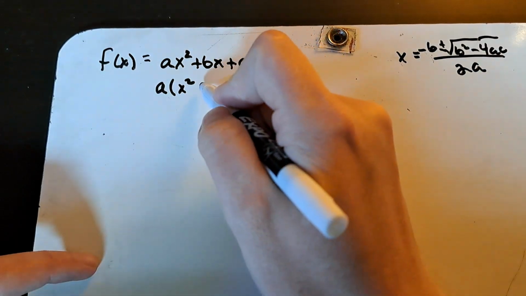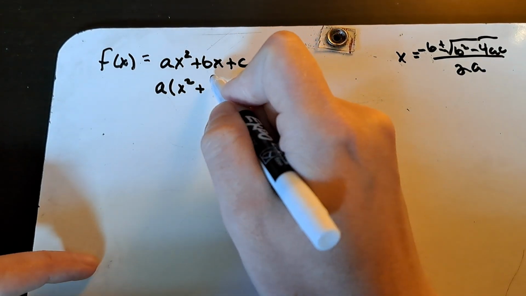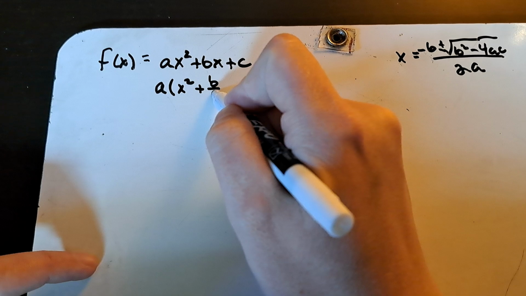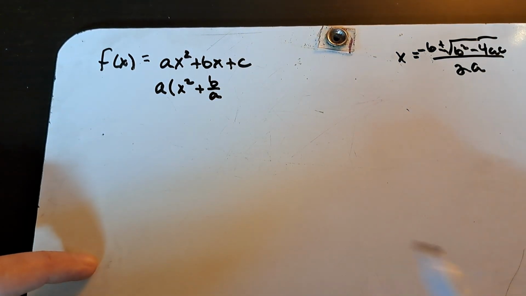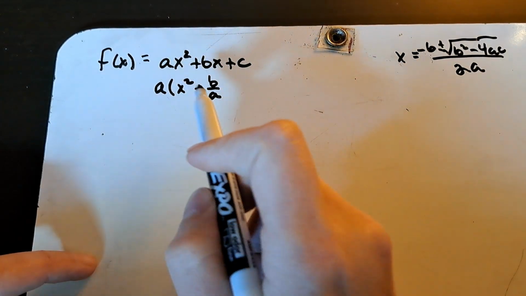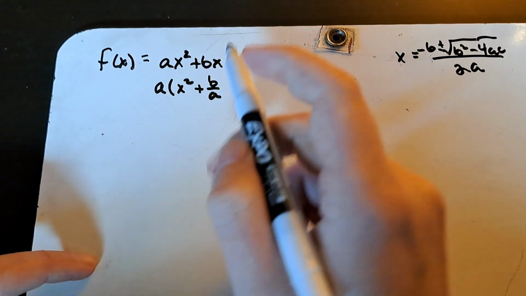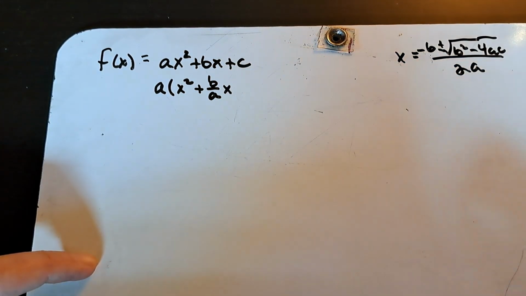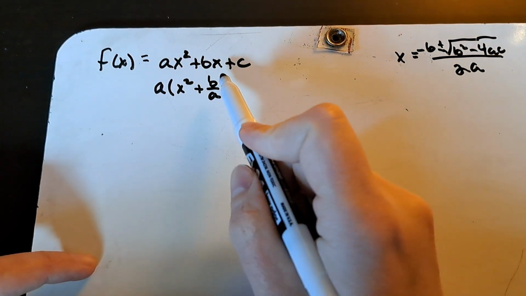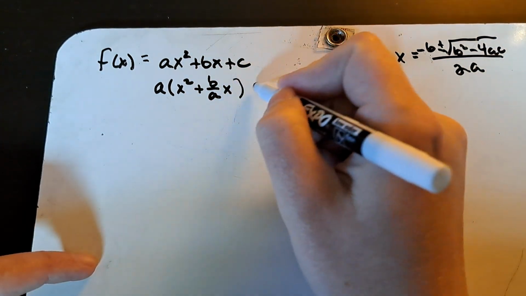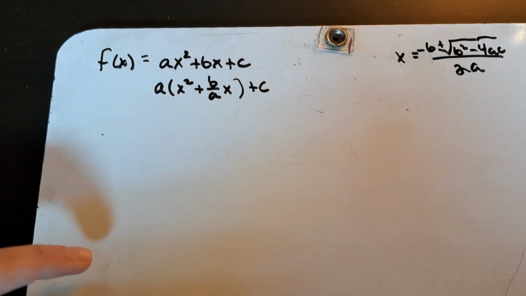What I'm going to do to cancel that out is multiply by b over a. A times b over a, the a's cancel out and I'm just left with b. And so a times b over a x is going to give me bx. All right, so I got that part right, and I've got my plus c.